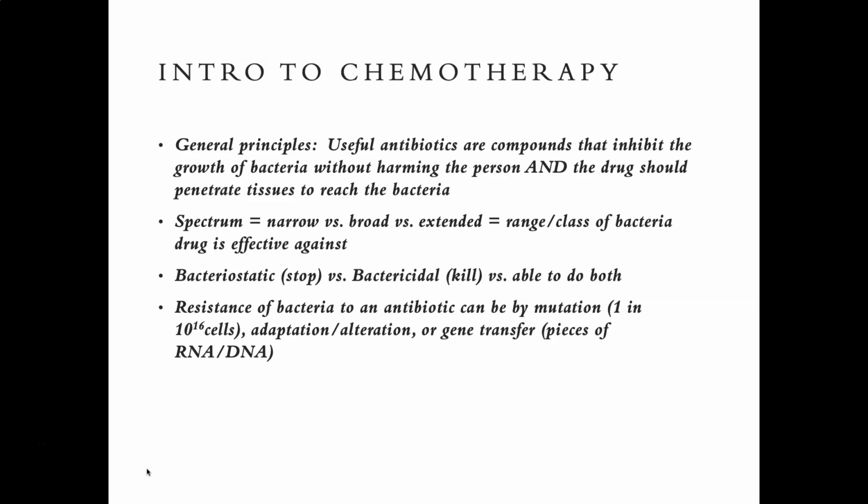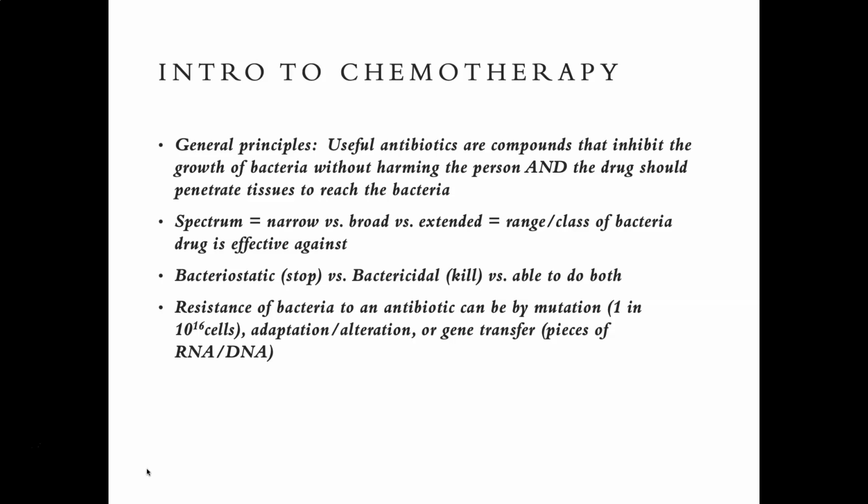Resistance of bacteria to an antibiotic is thought to be by 3 different ways. How does this happen? It can be by mutation. It can mean that an antibiotic used to stop or kill the bacteria, but the bacteria has mutated, and your book talks a little bit about this, to the point where now that antibiotic no longer works.